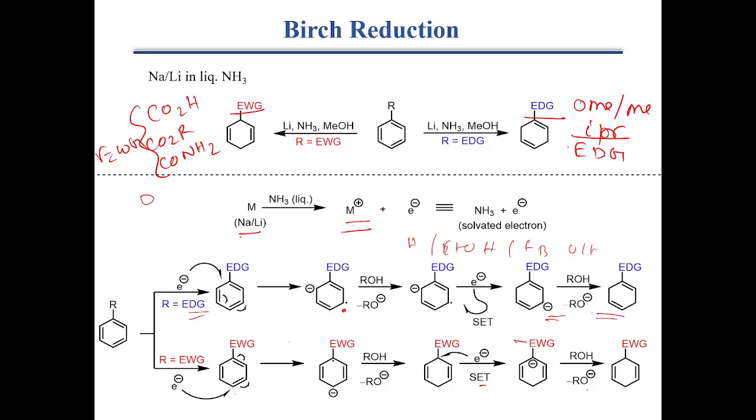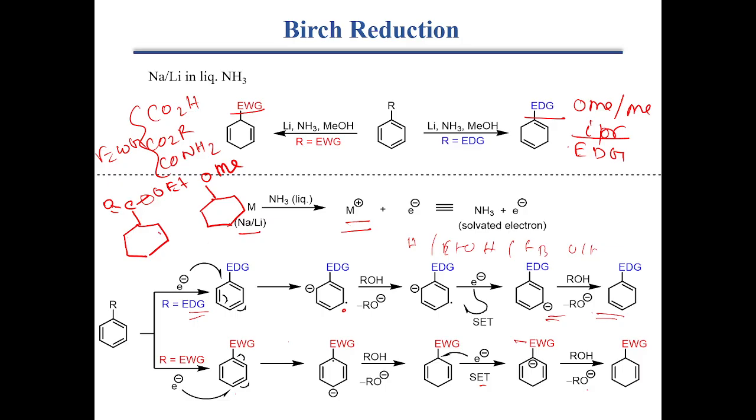If it is an electron withdrawing group or a donating group, the activity is different. In the case of an electron withdrawing group, the single electron attack happens in the para position, and in the case of an electron donating group, the single electron transfer happens in the ortho position. I am writing this example. This is the methoxy group for electron donating, and this is acid or ester for electron withdrawing.